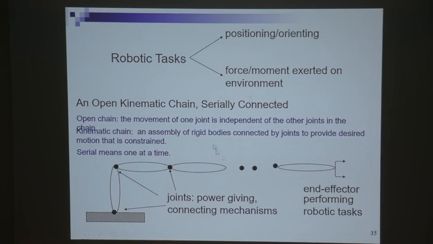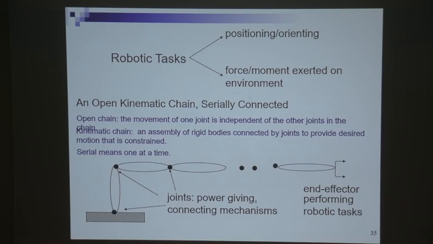A typical robotic manipulator can be considered as an open kinematic chain, serially connected. An open chain means that the movement of one joint is independent of the other joints in the chain. If you see an open chain, of course you will ask what is a closed chain.